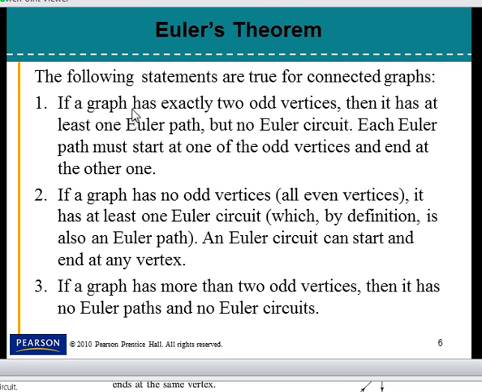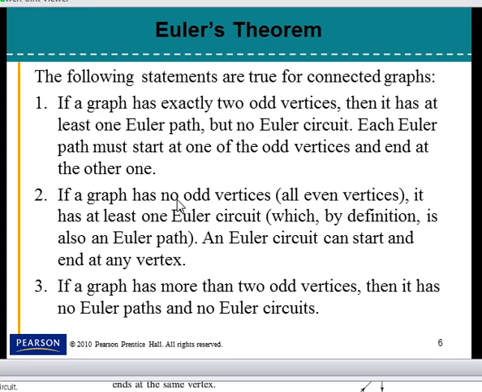So that's what we're talking about here for a connected graph. If a graph has exactly 2 odd vertices, then it has at least one Euler path, but no Euler circuit. Each Euler path must start at one of the odd vertices and end at the other one.